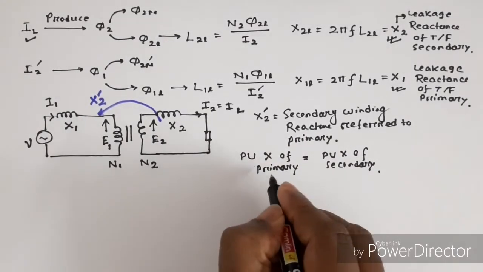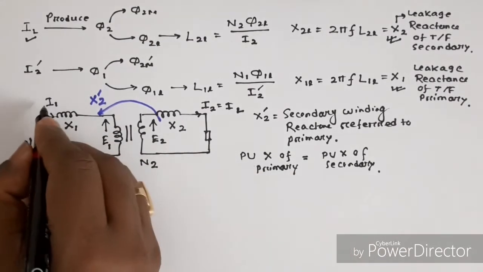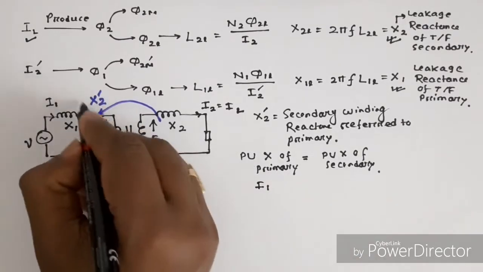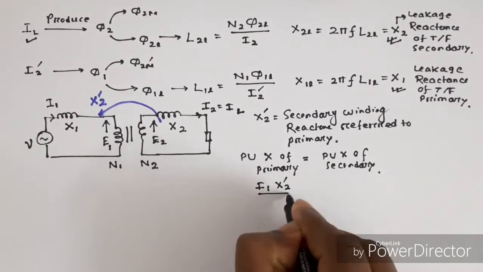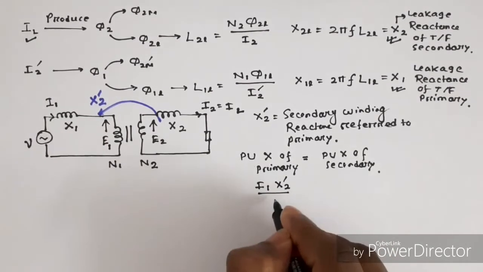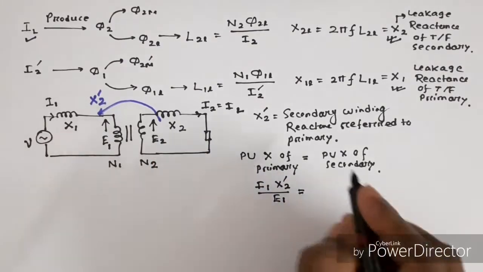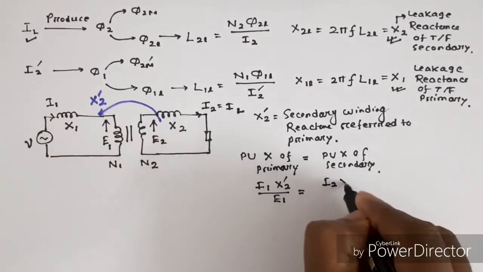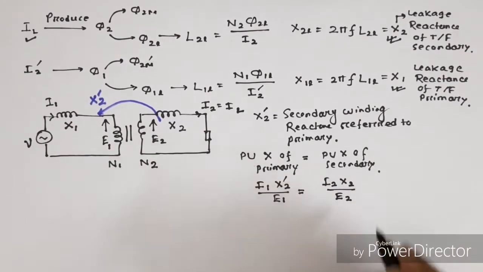Here per unit reactance will be obtained by current I1, reactance X2 dash divided by induced EMF E1, equal to, here current is I2, reactance is X2 and induced EMF is E2.